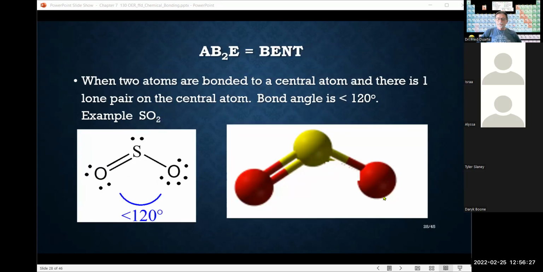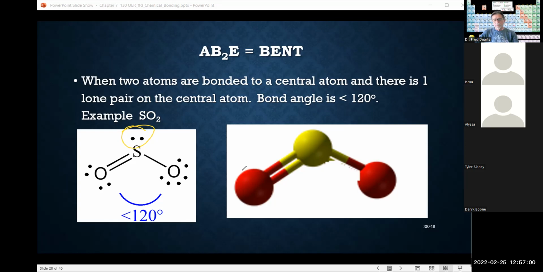A special one here is sulfur dioxide, SO2. If you do the electron configuration, you end up with a lone pair on the central atom, which is sulfur, and its general form is AB2E. It's a very polar species. We're going to learn why in a bit, but that lone pair creates a polar species.